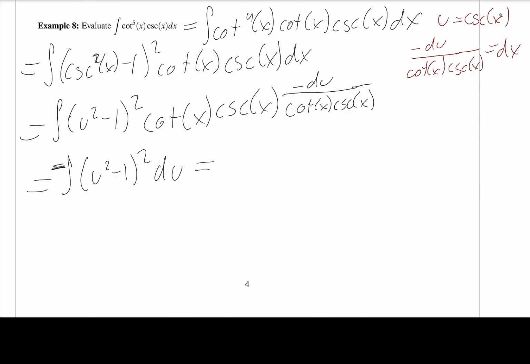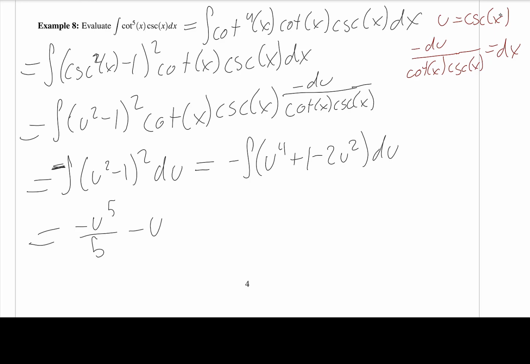And so then this becomes the negative integral of u to the fourth plus 1 minus 2u squared du. And so then this is negative u to the fifth over 5 minus u plus 2u cubed over 3.